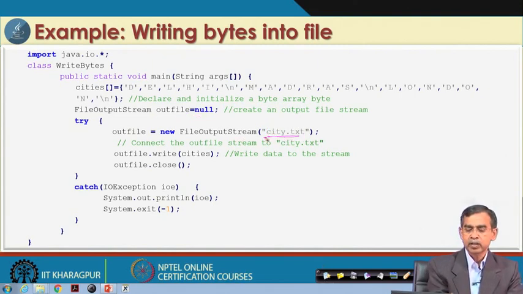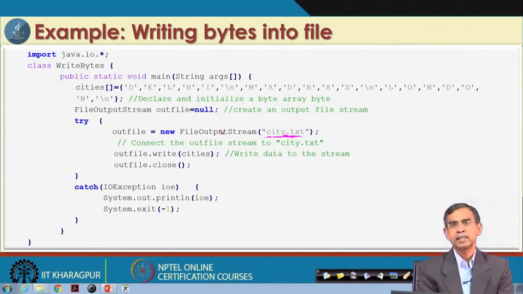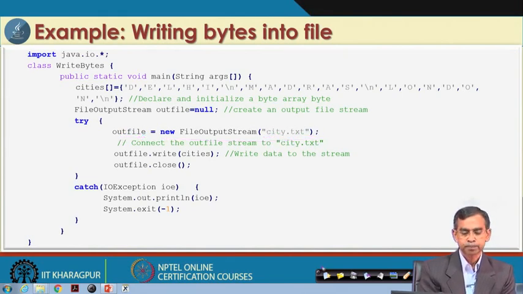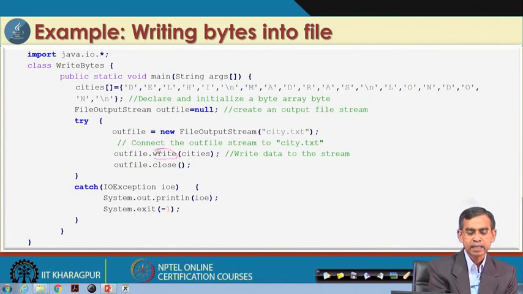So, ct.text is the file name, and it will establish a connection from your program to that file. Now, here outfile write is the method. If we pass this array of bytes, then the entire array of bytes will be written into this file ct.text.